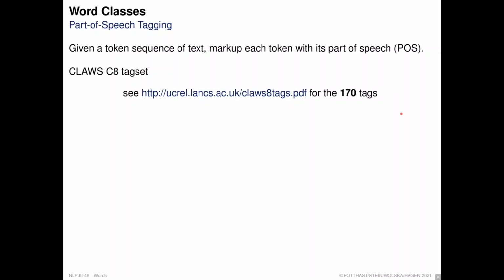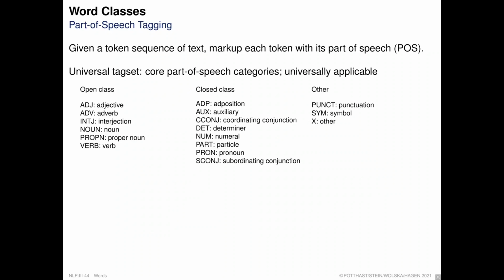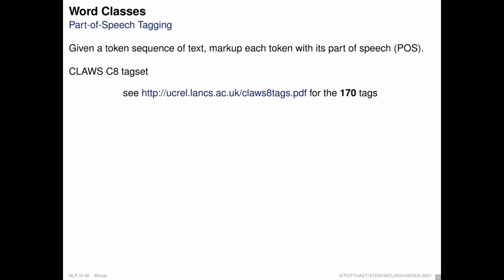And I would like you to take a look at the CLAWS tag set, CLAWS 8 specifically. This is what I already mentioned earlier. This tag set has 170 tags. So look at home at the CLAWS 8 tag set, and look at the Penn Treebank tag set, and look at the universal tag set, and think about what you can get.